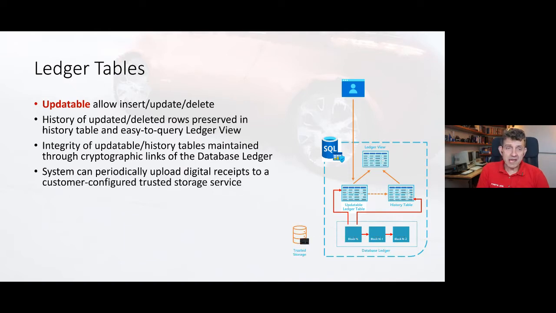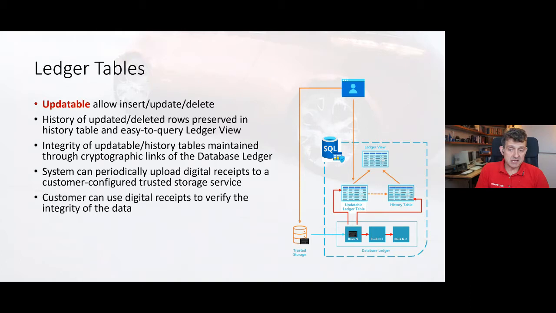The system can then be automatized to periodically upload digital receipts to a customer configured trusted storage. And we will see which kind of storage are available. And I have to tell you immediately that this kind of automation works only with Azure SQL Database, not with the on-premises version. In that case, these digital receipts need to be handled manually.